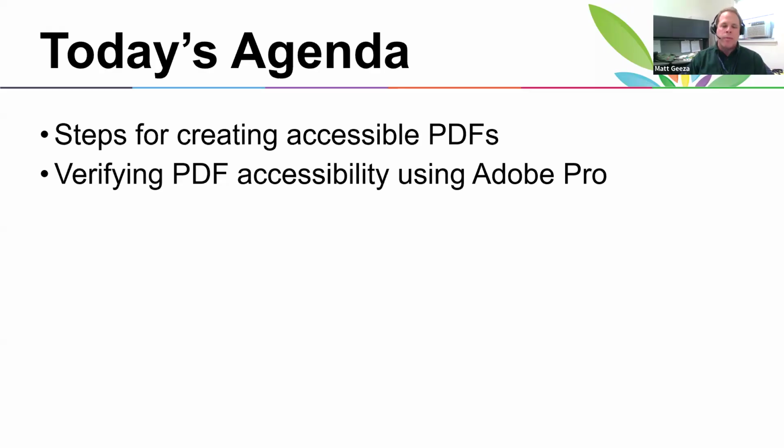But it is one of the most widely, if not the most widely, used software applications for creating accessible PDFs. There are other products out there. I'm not as familiar with those. So the process we're showing you today is going to focus primarily on using Adobe Pro DC.